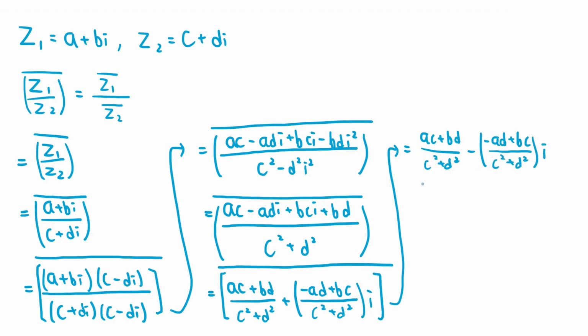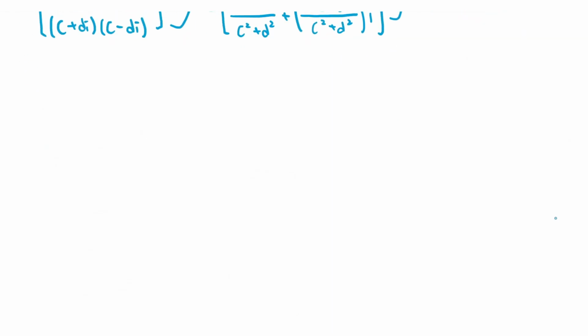If we distribute the negative sign into the brackets, this is equal to ac plus bd over c squared plus d squared plus ad minus bc over c squared plus d squared multiplied by i. So now what we need to do is consider the right-hand side, z1 conjugate over z2 conjugate. This is just equal to a minus bi over c minus di.